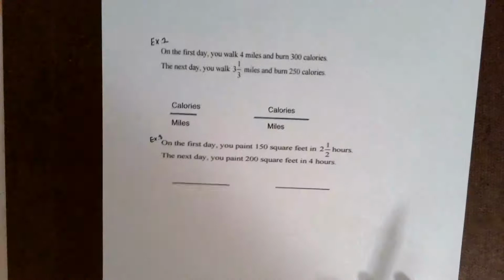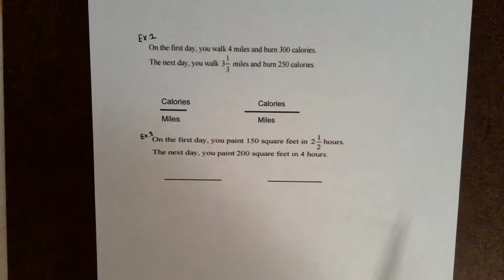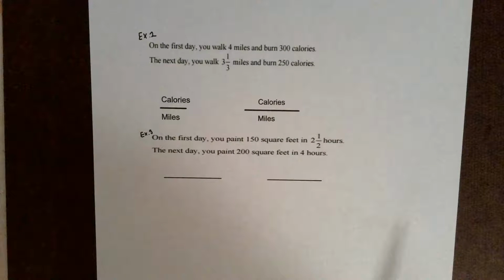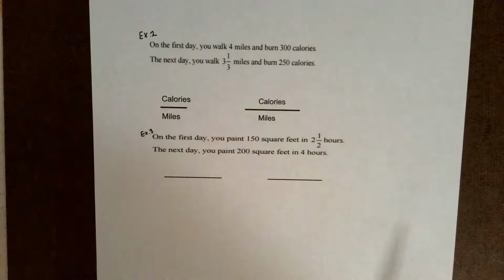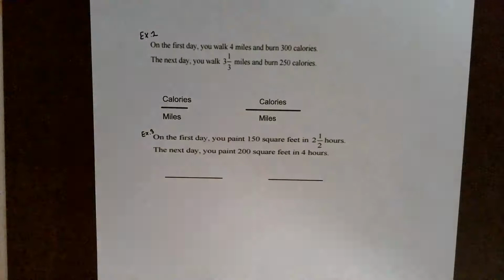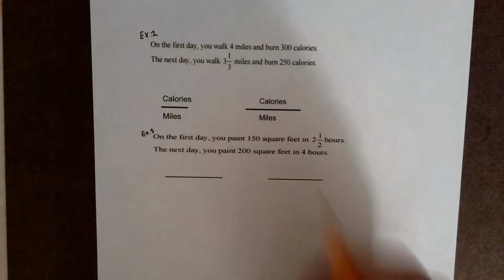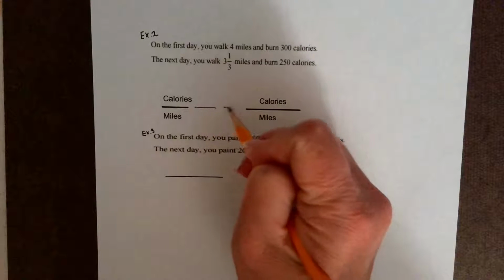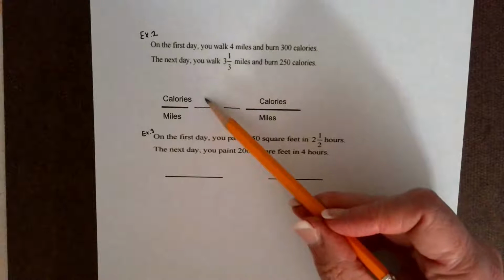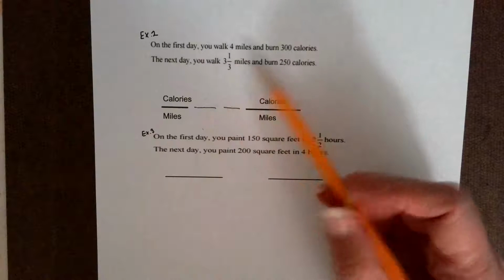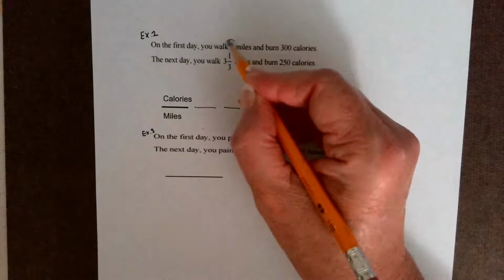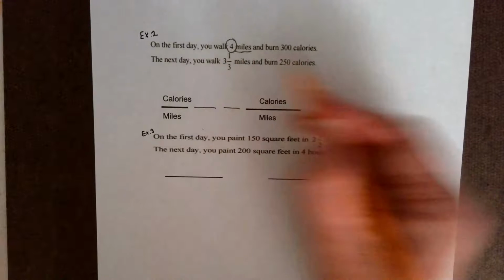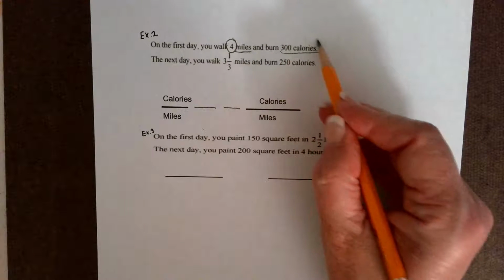And then the last thing, of course, we get into some more difficult problems that have fractions and complex fractions, but they don't have to be any different, and especially if you've got a calculator, it helps with these. So I'm going to set up my two ratios, and I'm going to keep calories on the top and miles on the bottom. So in the first one, I can walk 4 miles and burn 300 calories.